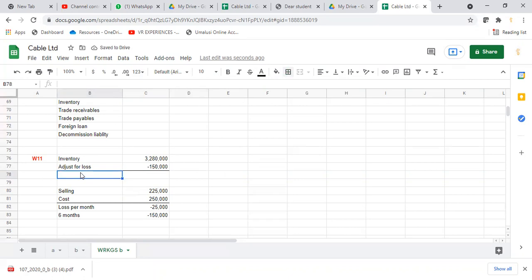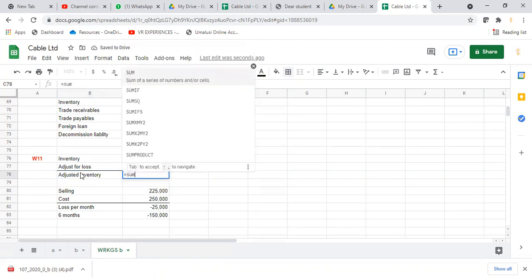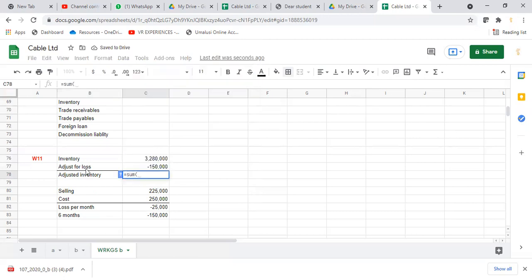The adjusted inventory balance would just be the sum.